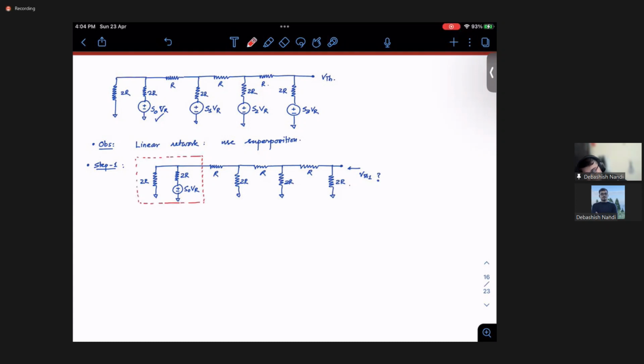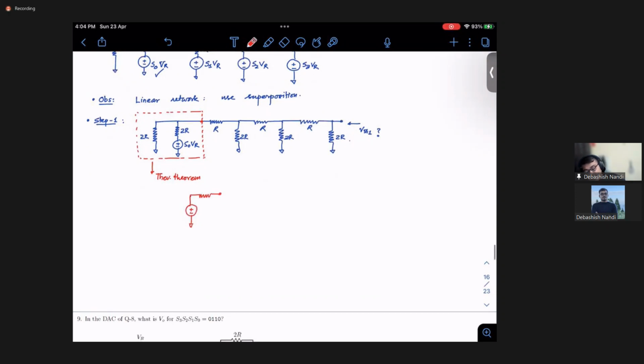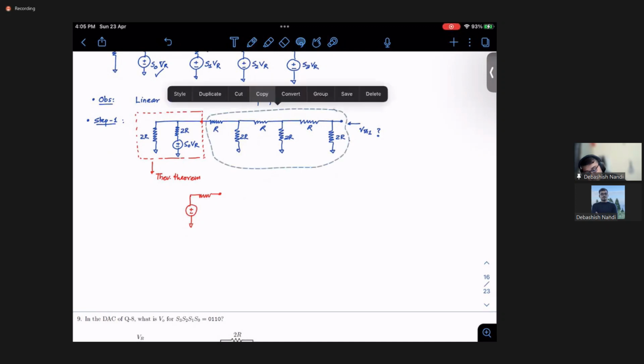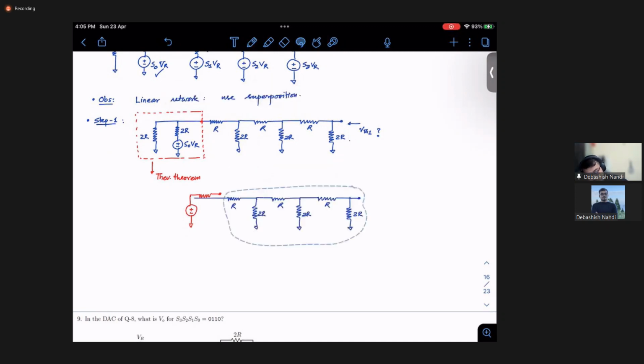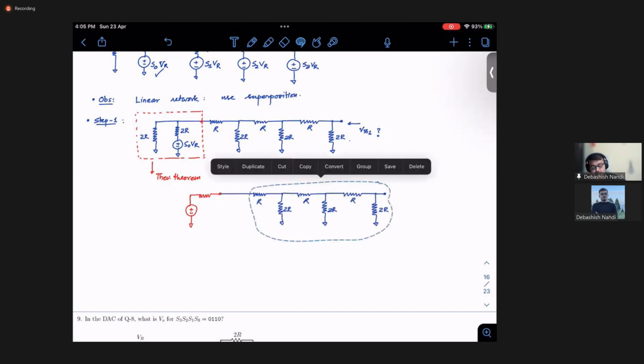Now, if we use Thevenin theorem here, you can easily convert this to a series resistance with a R. And then your remaining network would be this.